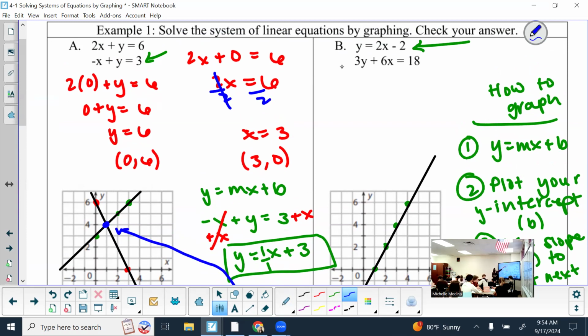Like, how do you know that this one's in slope-intercept form and this one's not? Okay, so if I can get the second one to equal y and nothing else, then I can start graphing it. Okay, so table 5, what do I need to do to that second equation to start isolating the y?